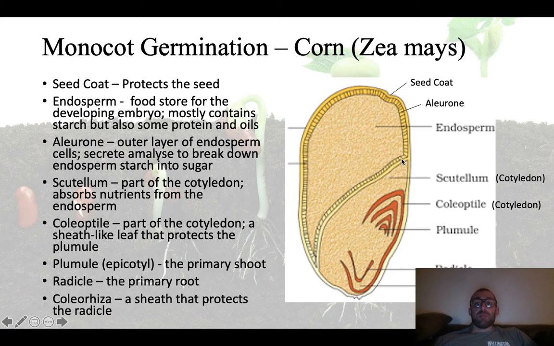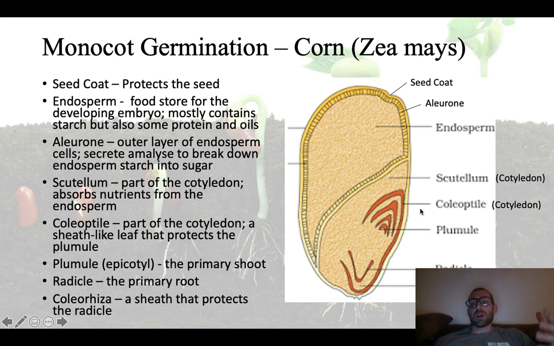Now, if we move to the actual embryo, we'll see there's a number of anatomical parts that you need to be aware of. Again, our monocots. Monocot is short for monocotyledon, and cotyledon is the seed leaf. Now, in our monocots, the cotyledon kind of has two parts. There's the scutellum, which acts to absorb the nutrients that are produced in the endosperm, and it feeds the growing embryo those nutrients.